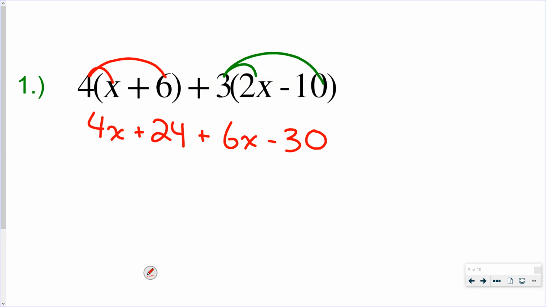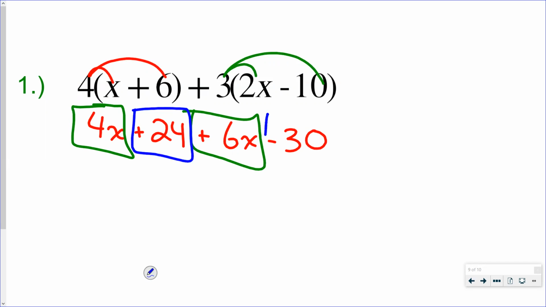Now, I know a lot of you say, oh, I'm done. No, remember, we're not done, because if we look, we have not fully simplified this expression because there are now like terms. We have an x and we have a 6x. We have a positive 24 and we have a negative 30.